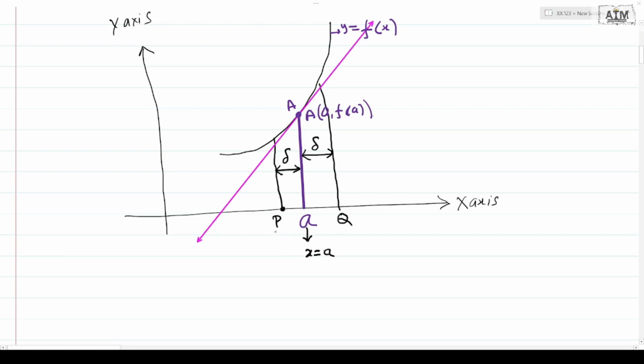What can be the coordinates of point P? The coordinates of point P are A minus delta, and the coordinates of point Q are A plus delta. Delta is a very, very small value. Points P and Q are called neighborhood points. And at the point A, capital A, we have drawn the tangent.